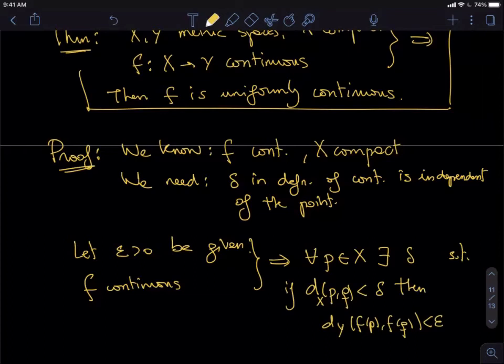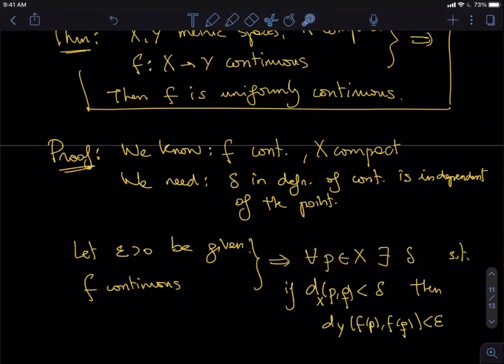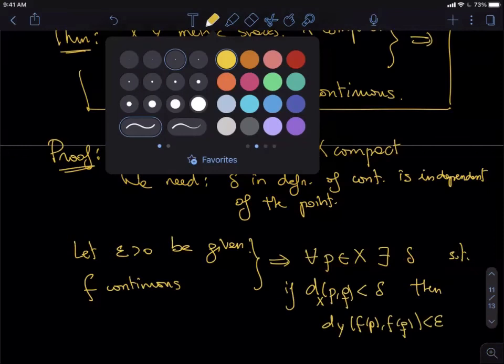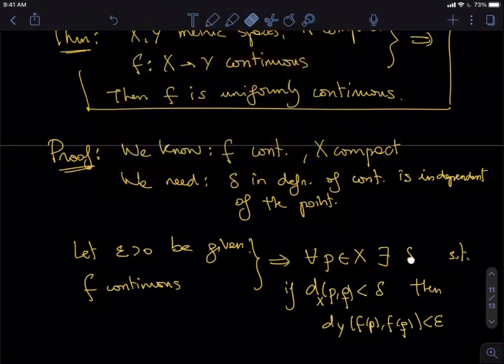But here we need to make a small adjustment because, of course, this delta here depends on the point where I'm working. So I'm going to just make that very explicit so there is no confusion about it. And instead of delta, what I'm going to write is phi of p, so that it's clear that this is a function of p.